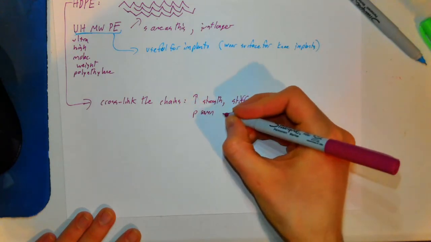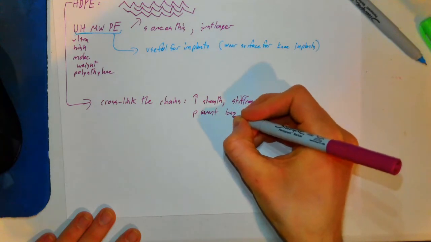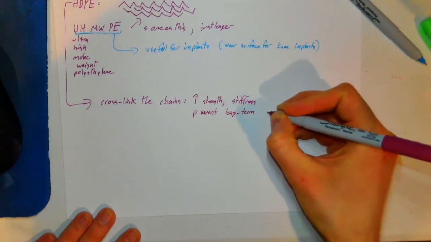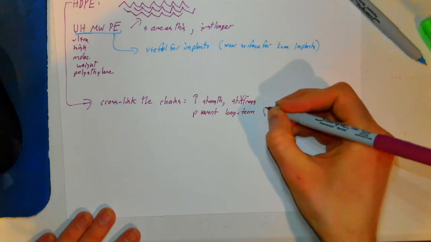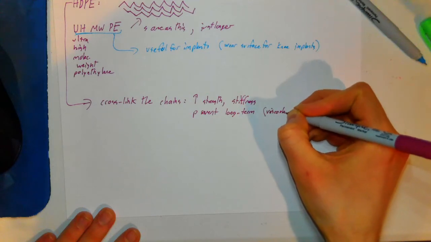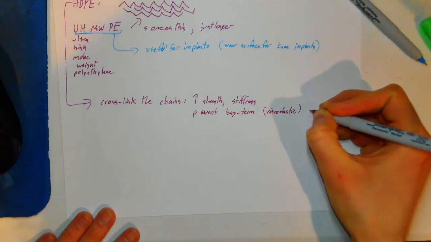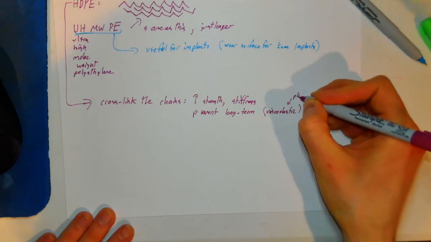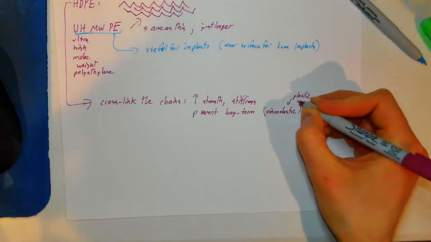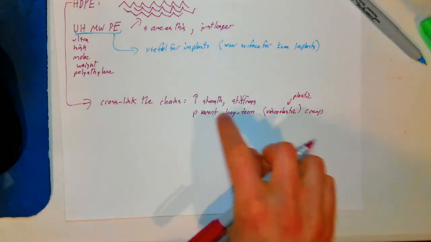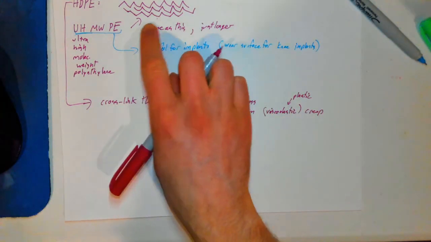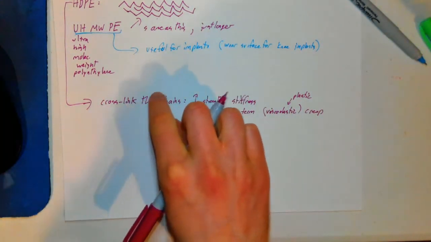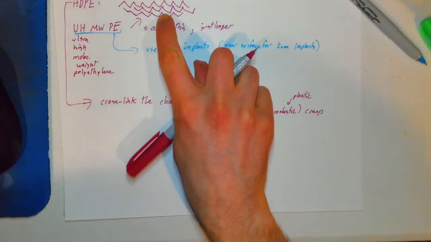It would prevent long-term viscoelastic creep, or I guess this might be viscoplastic creep, because the deformation would be permanent, but it would basically prevent this long-term deformation of the material if we could cross-link the chains.